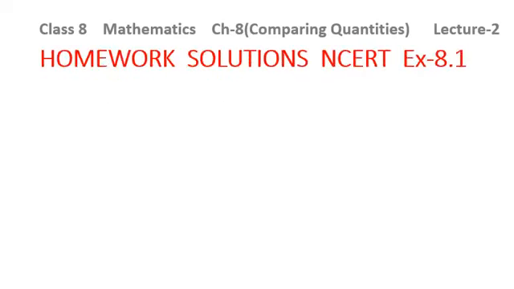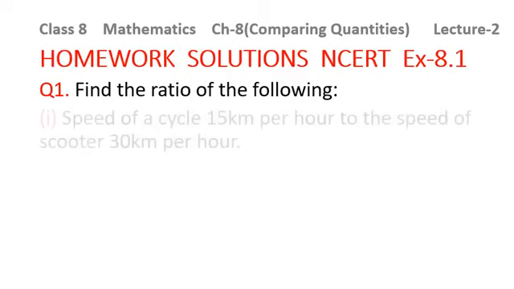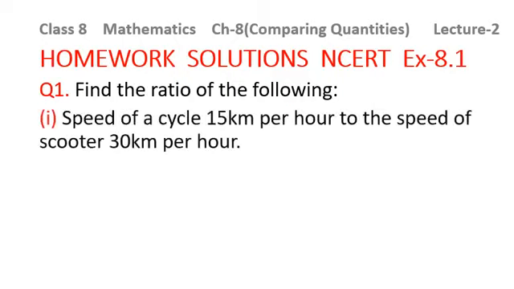Now coming to homework solutions of NCERT exercise 8.1. First question was, find the ratio of the following. First part is the speed of the cycle, 15 km per hour, to the speed of the scooter, 30 km per hour.